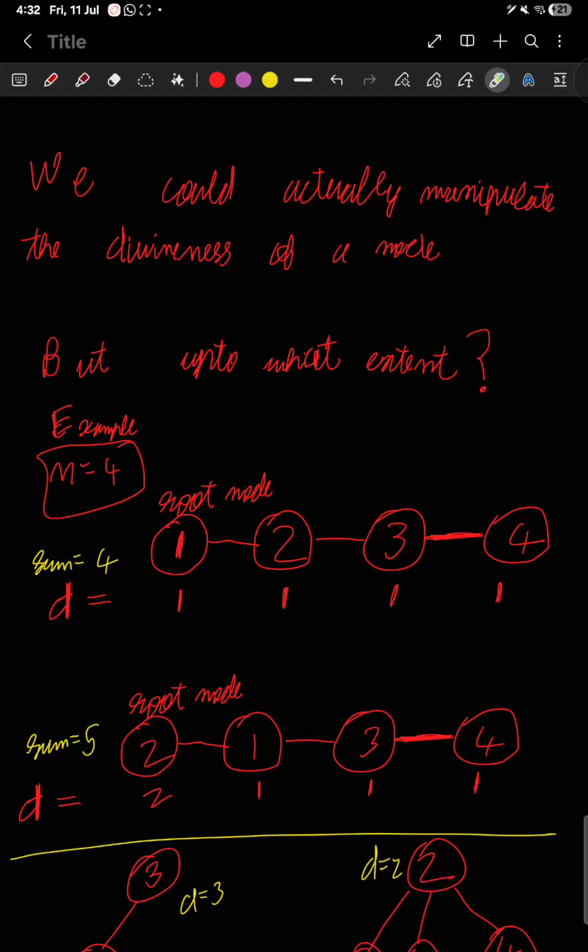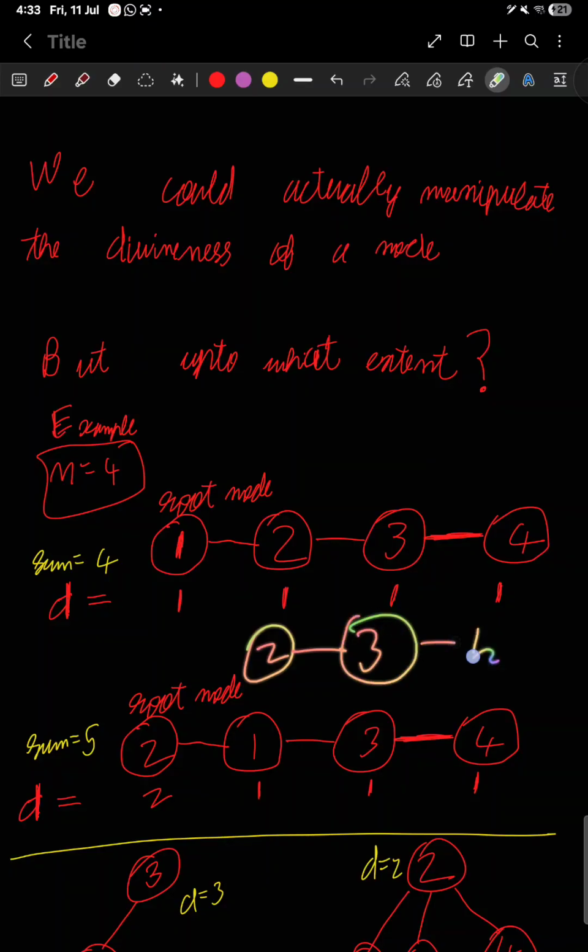So let's consider all the cases where the possible values of the divineness are 1, 2 and 3 for this node. In the first case, the possible value of divineness is 1, which is when the first root node is ahead of this. And when could it be 2?